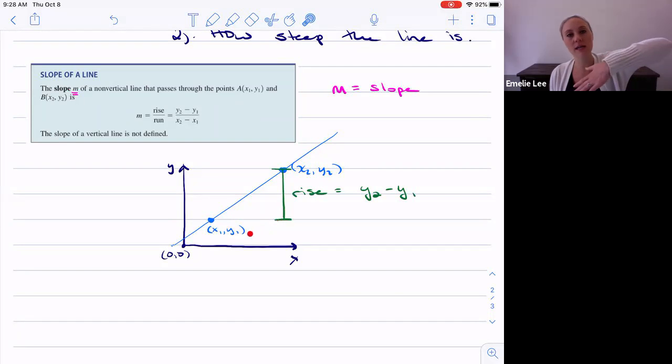Even if you've got a negative slope, y1 would be larger than y2, but that's okay because that's how you generate the negative. If y1 is larger than y2, you get a negative number, and that's how you get that negative slope. So you actually always do y2 minus y1.